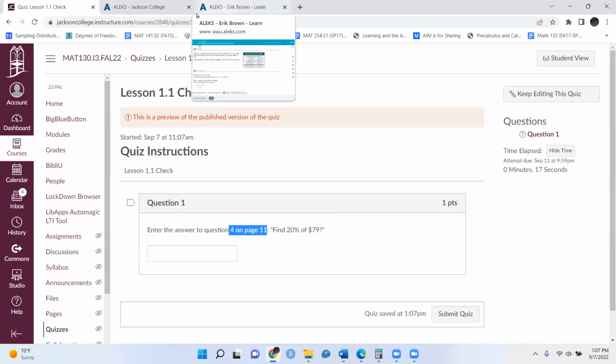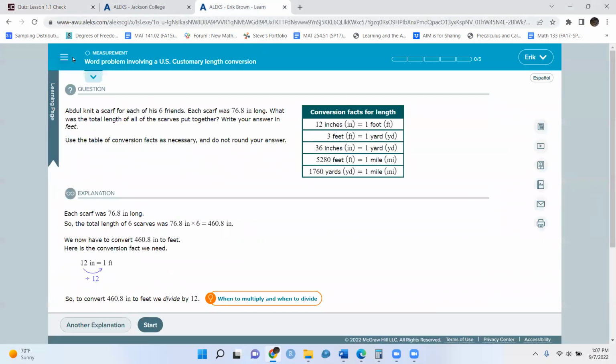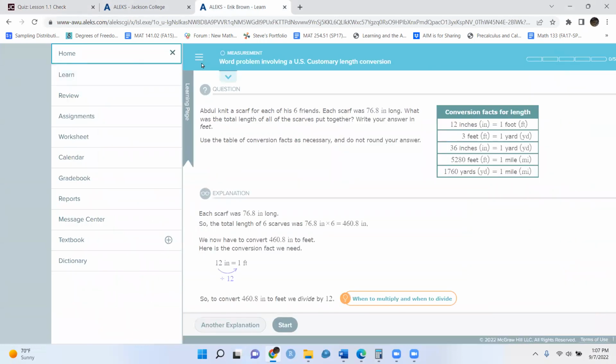So if you are not purchasing the printed textbook, which I actually encourage you to do, but you don't have to, the ebook is found by going into ALEX, and then these little triple lines on the top left, there's a textbook option right here. Click that, and there's the ebook.